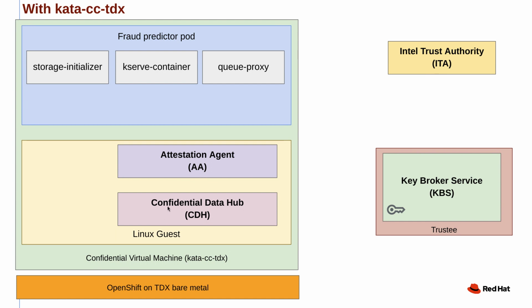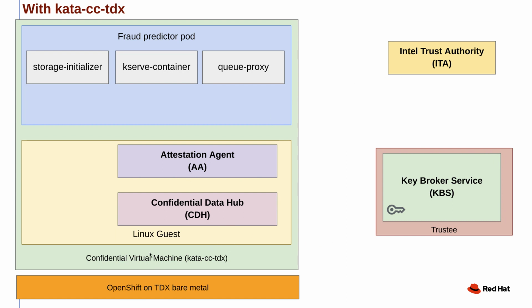Confidential Data Hub facilitates the secure key retrieval for Kata agent and applications. The attestation agent is running inside the TEE and it connects to the KBS in order to perform the attestation. The attestation agent is responsible for sending the evidence from the TEE to prove the trustworthiness of the environment. Yeah, this is the simple introduction about these components.